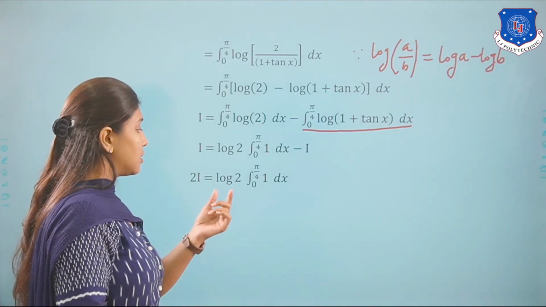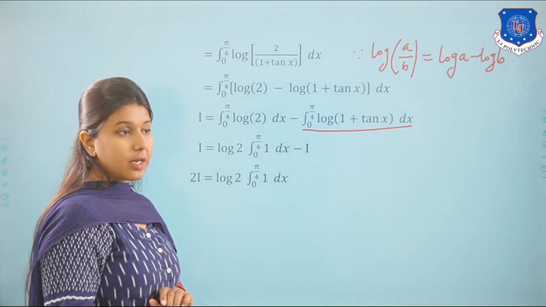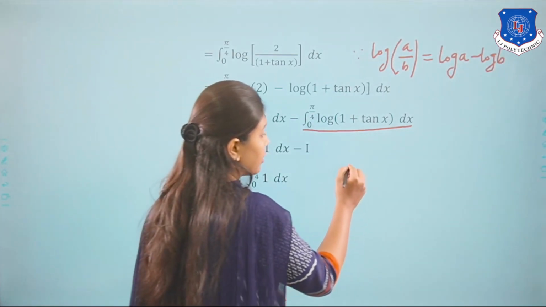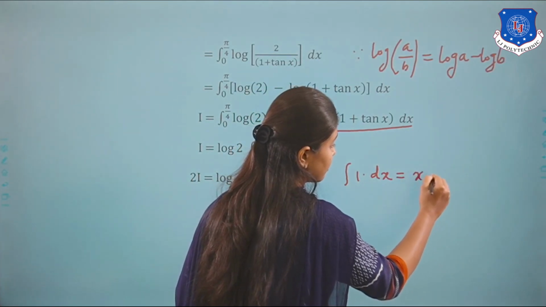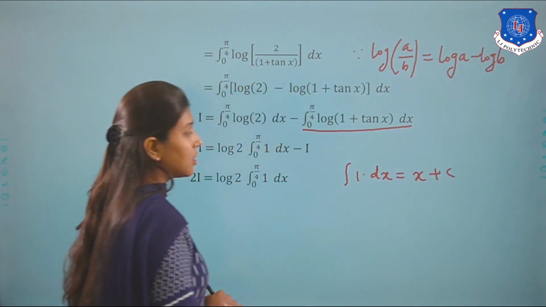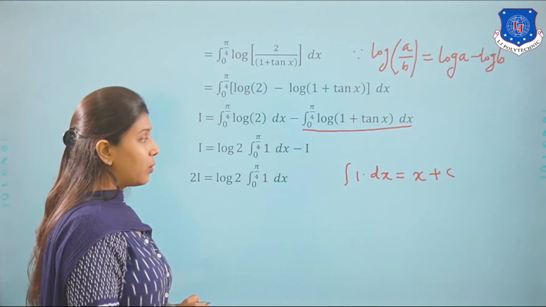Then after integration of 1 dx is nothing but x, right? Integration of 1 dx is equals to x plus c. This is the formula of integration of 1.